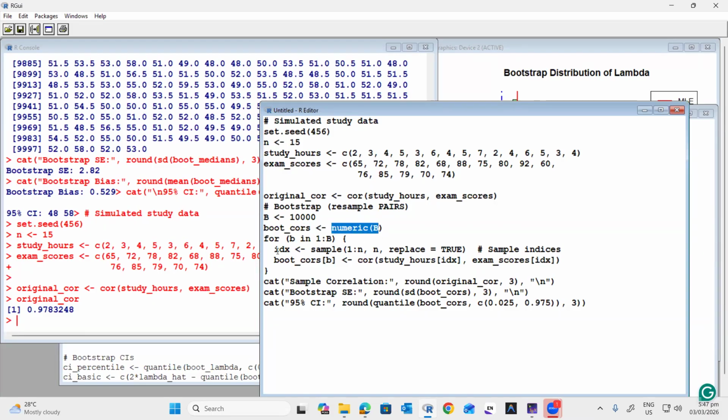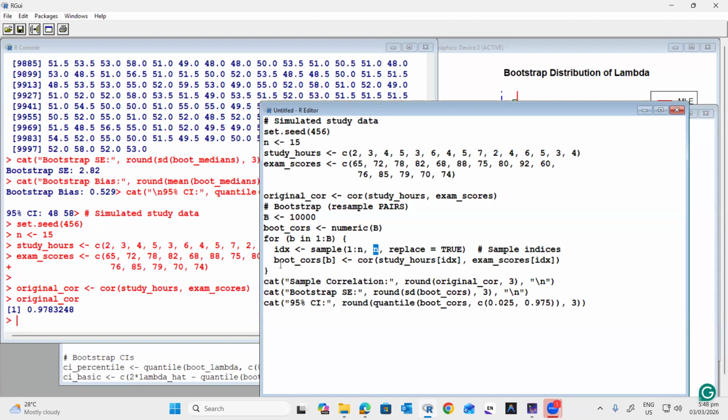Then we apply a for loop, because we need to generate both together. First we generate the sample indexes: sample 1 to n with replace equal to TRUE.